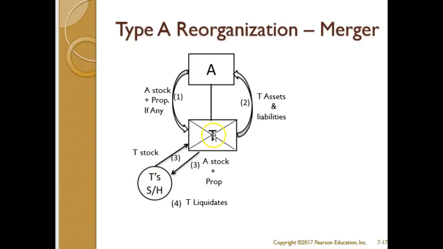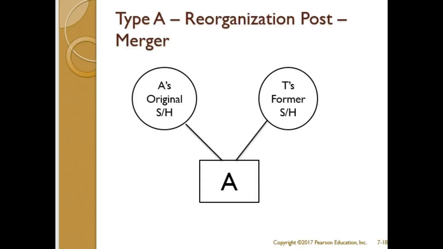Third, it's a redemption of T stock, so it's going back into the T. And then fourthly, target corporation liquidates. So that's a merger of two organizations into one. So it's A's original shareholders and target corporation's former shareholders.